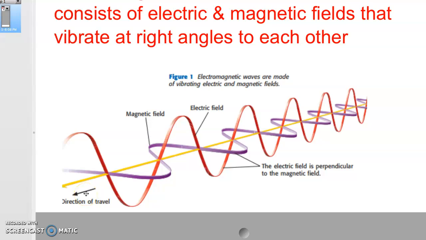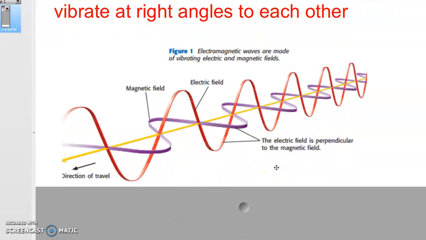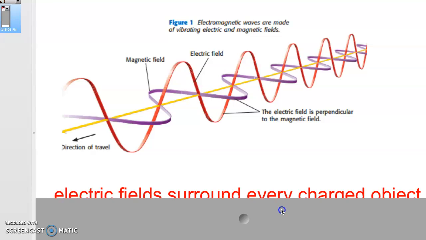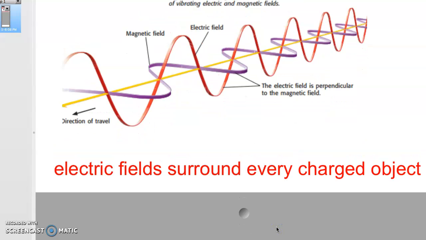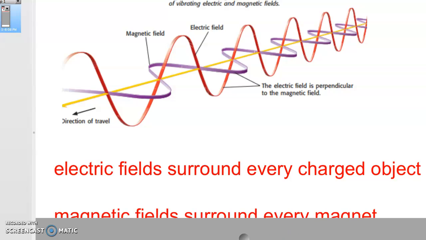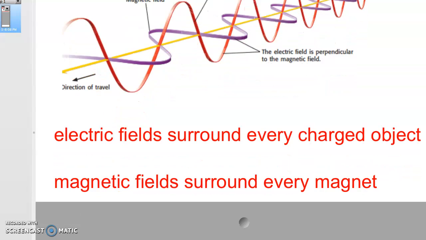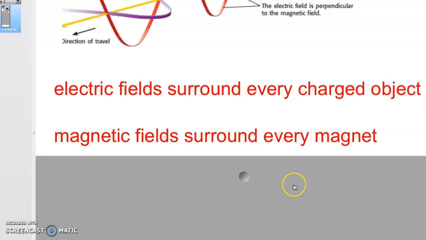So the electromagnetic waves are made by those vibrating electric and magnetic fields. That's what it would look like if you could see it. Electric fields are surrounding just about every charged object, and that's important to note. And obviously magnets are surrounded by magnetic fields.